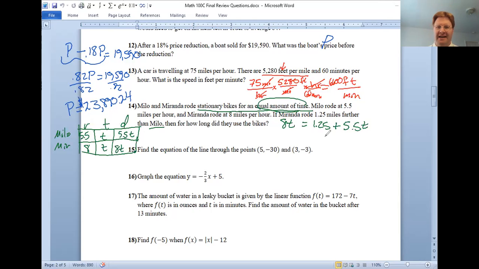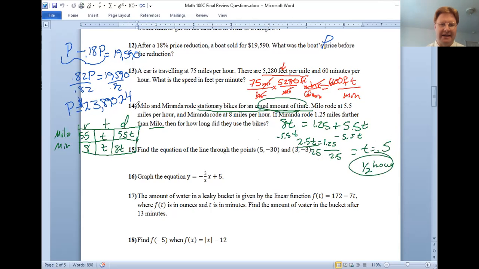We know how to solve that. Yay! Subtract 5.5t from both sides, and we get 2.5t equals 1.25. Divide by 2.5, divide by 2.5, and we get t equals 0.5. So the time is 0.5 hours, half an hour.